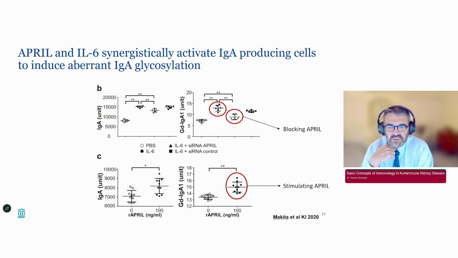Then if you stimulate, you would never want to do this clinically, but in the lab, sometimes we turn something off and we want to see that it makes things better. And then if you turn it on, so here they've stimulated APRIL, you can see the deglycosylated IgA production goes up. That's a good experimental technique to show that this is really driving deglycosylated IgA production.